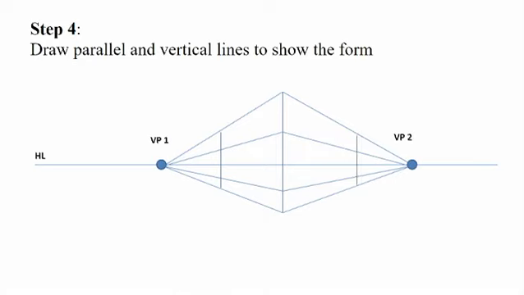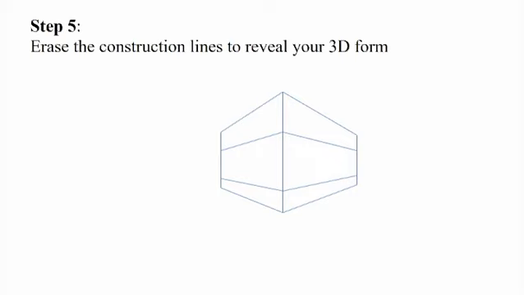These lines indicate where the building ends. The closer these lines are placed to the vanishing points on either side, the longer the form appears. Step 5. Erase the construction lines to reveal your 3D form.